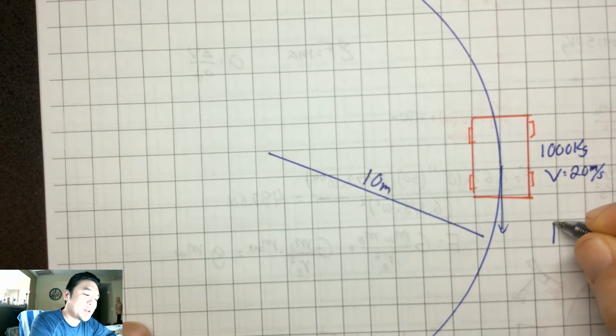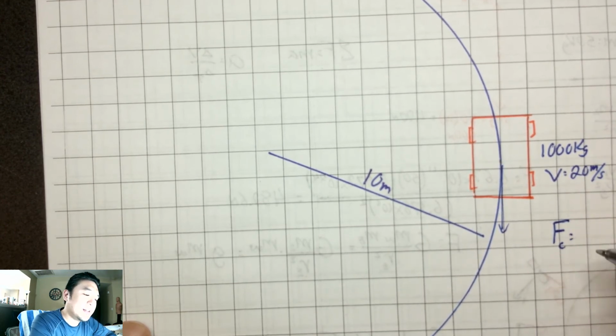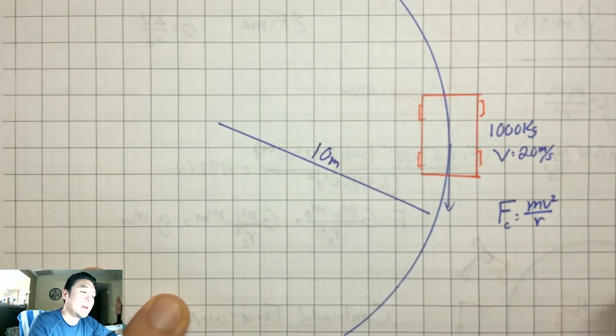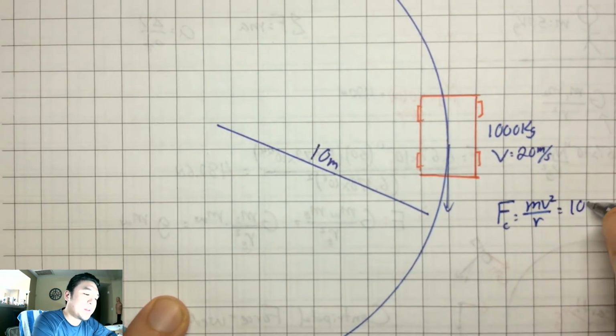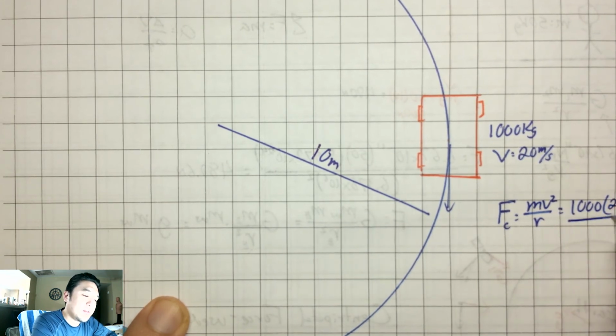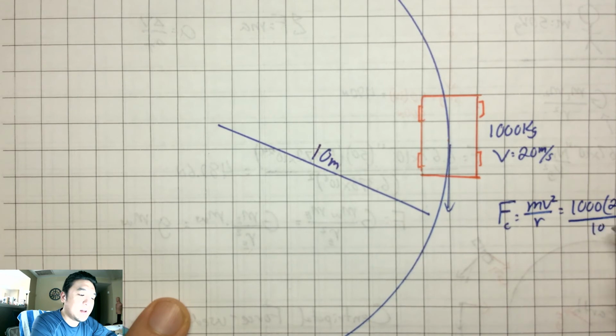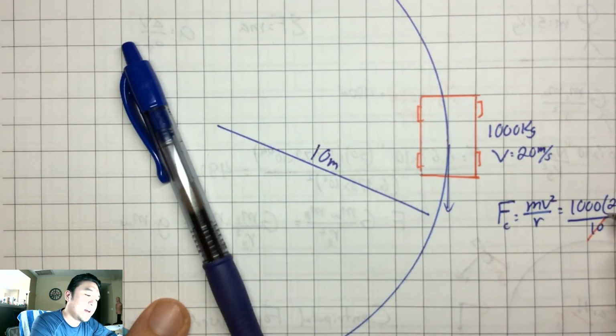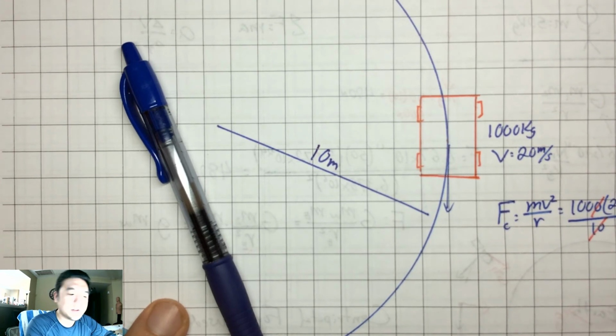So the centripetal force needed is going to be Fc. That's going to be mv squared over r. The mass of the car is going to be 1,000. The velocity of the car is 20, square it, divided by the radius of the turn, which is going to be 10 meters. Okay, so 10 is going to cancel out one of those zeros.